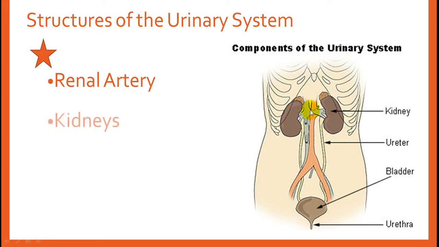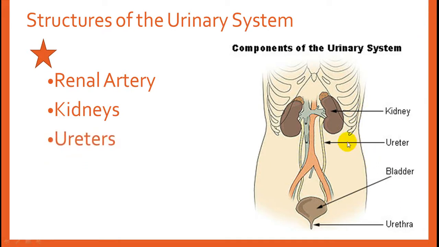And then we have the kidneys, 1, 2, everybody, normally, you're born with 2 kidneys. We have the ureters, which take urine from the kidney, where it is manufactured, down into the bladder. And then we have the urethra, which is the exit from the body, okay, from the bladder to the outside of the body. All right, so 1, 2, 3, 4, 5 things you're writing down right there.